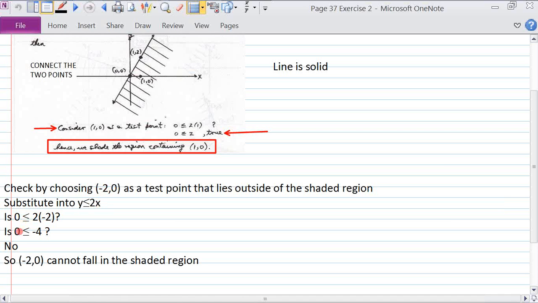So we're asking ourselves, is 0 less than or equal to -4? No, 0 is greater than -4. It's not less than, nor is it equal to -4. So the point (-2, 0) cannot fall within the shaded region.